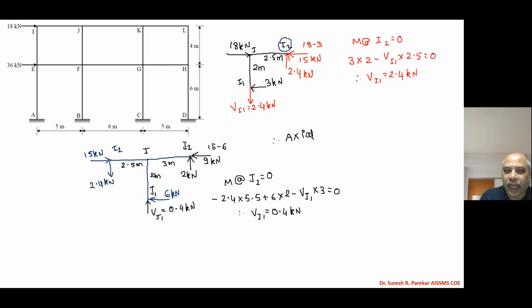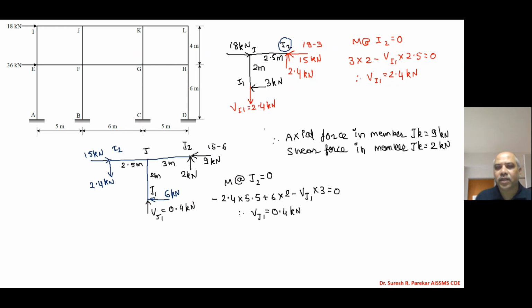The axial force in member JK is equal to 9 kilonewtons, and the shear force in member JK is equal to 2 kilonewtons. So these are the answers of these questions.